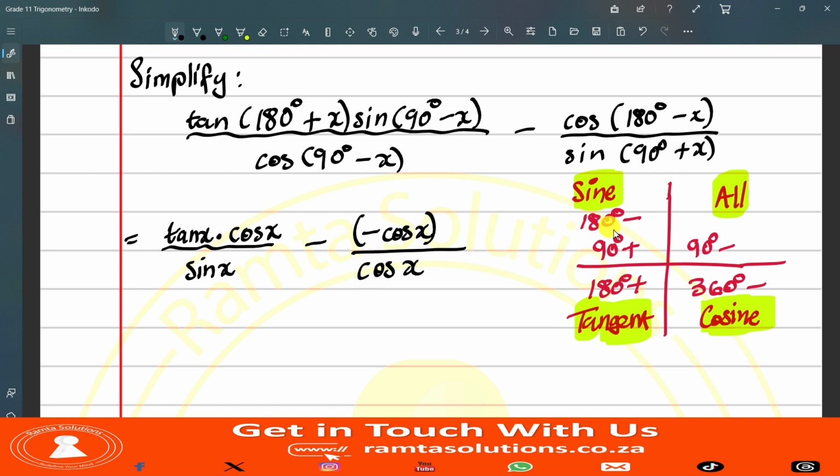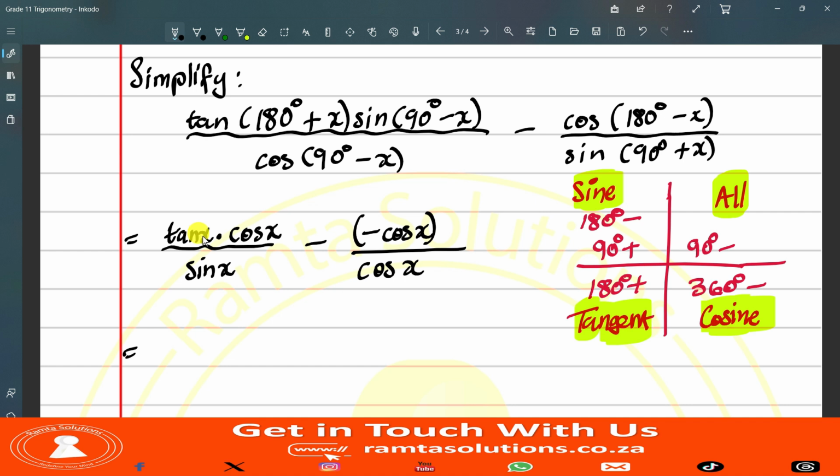So our cosine will be positive because sine in the 90 plus is positive, but because of the 90, sine changes and becomes cosine. Right, let's go on. Now this is tan x.